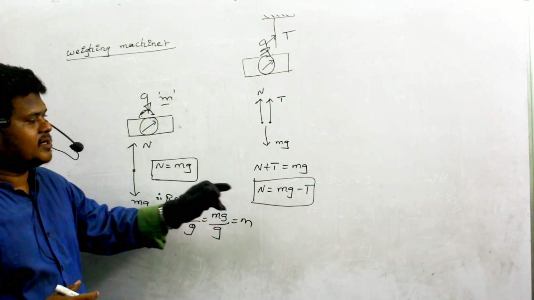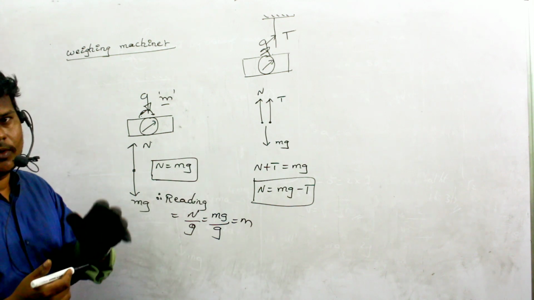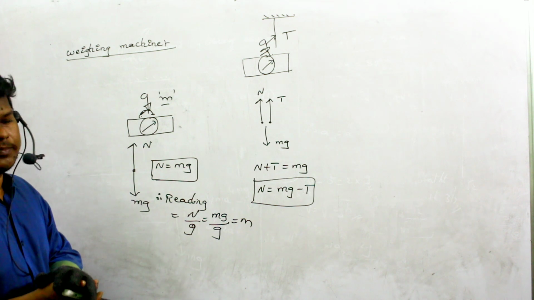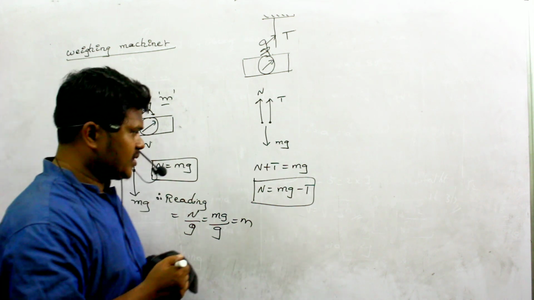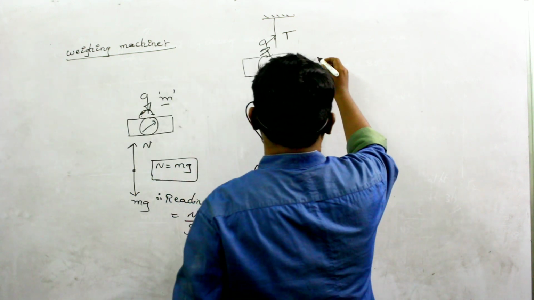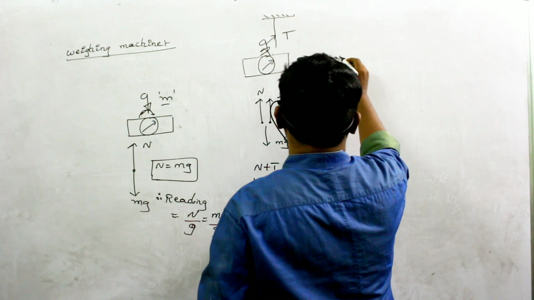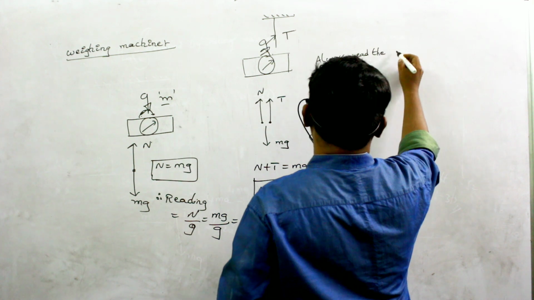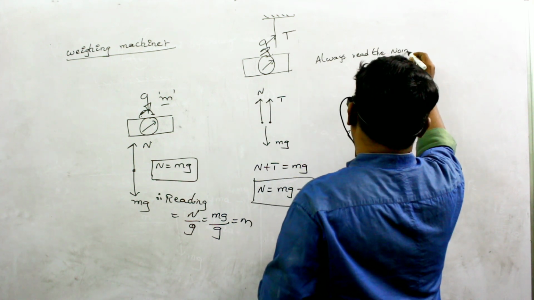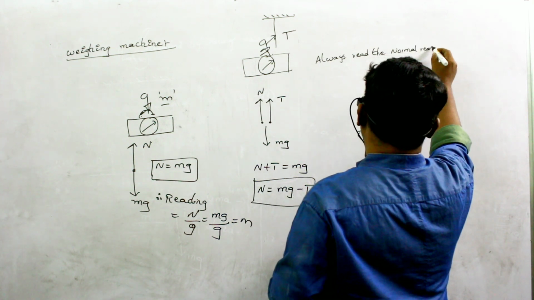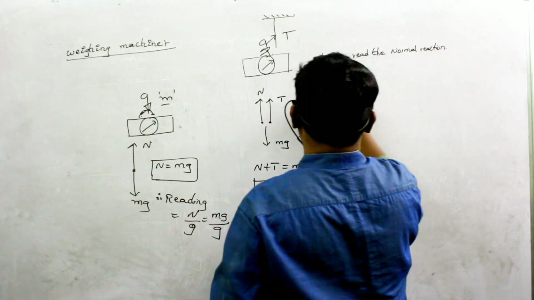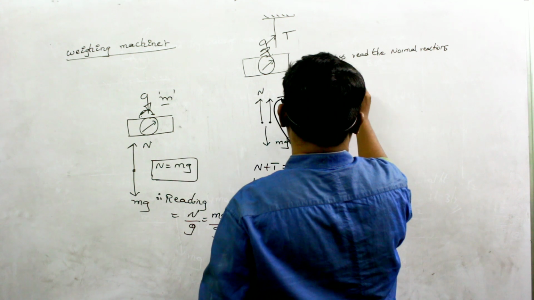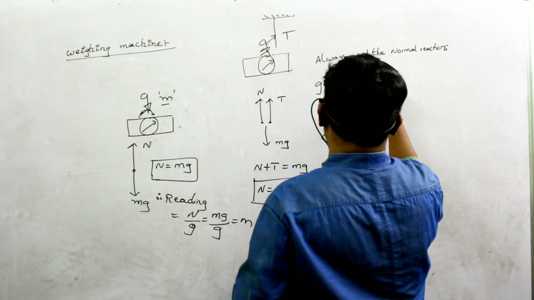And weighing machines always measure the normal reaction given by them on the body which is placed on them. So this is a very important property which we have to understand. Weighing machines always read, or always measure, the normal reactions given by it on the body.